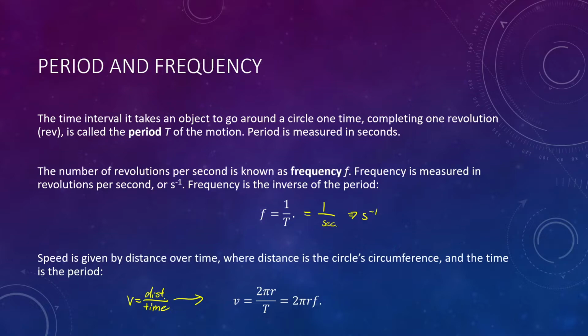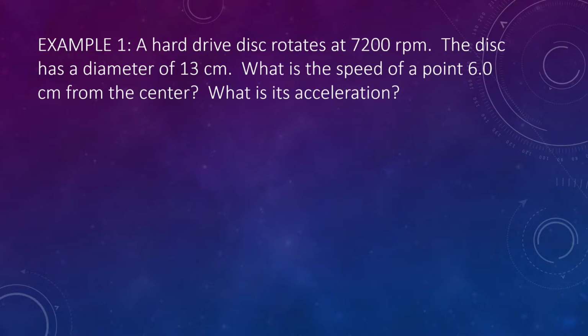So let's go ahead and use these terms to work out an example problem. Now, I really like this example, mostly just because it is relevant to a real-world application. The problem says that a hard drive disk rotates at 7,200 RPMs. This is a real speed of hard drives. Most HDDs or hard drive disks rotate at about this speed.